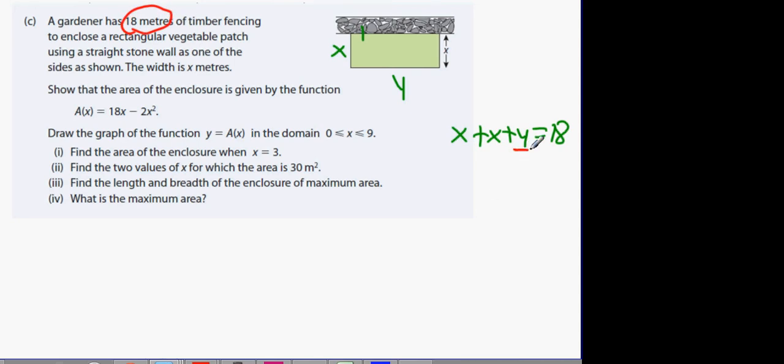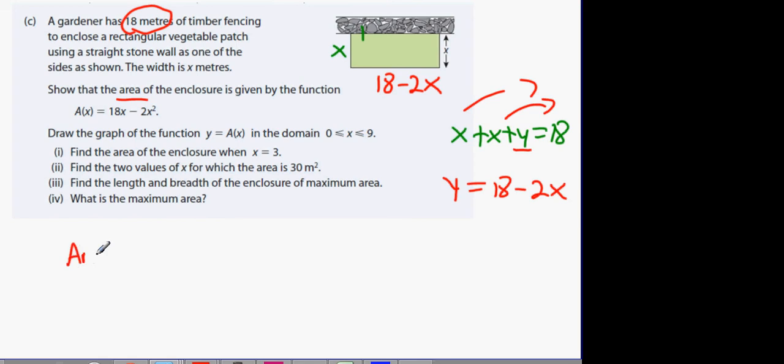Now, get Y on its own. Y is going to equal 18 minus 2x. So this is 18 minus 2x. Okay? Anybody get that far? Anybody? Okay. Now guys, once this is done, how do you get area?